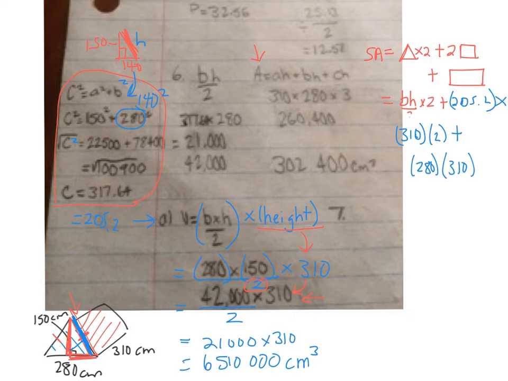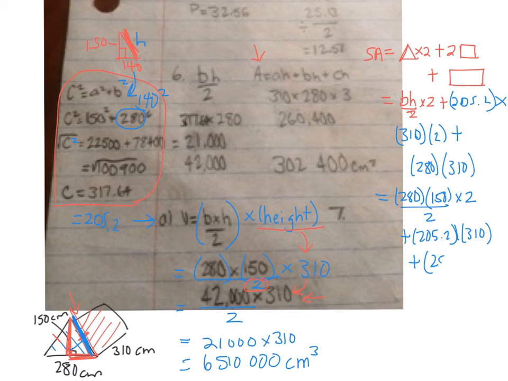Okay, and then if you calculate all of that, let me just put another line in here. Your base times height, divide by 2, that's the 280 times 150, divide by 2, times 2 for front and back, and then plus your 205.2 times your 310, and then plus your 280 times 310.